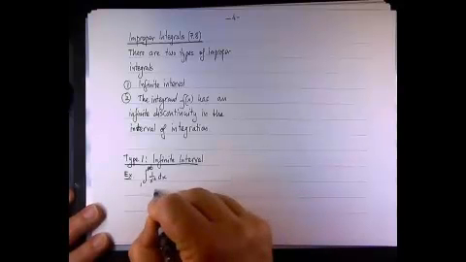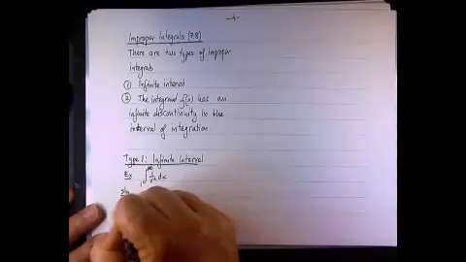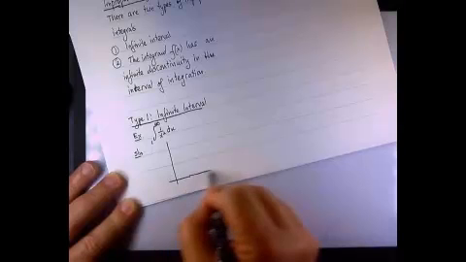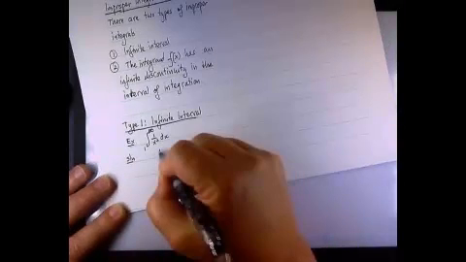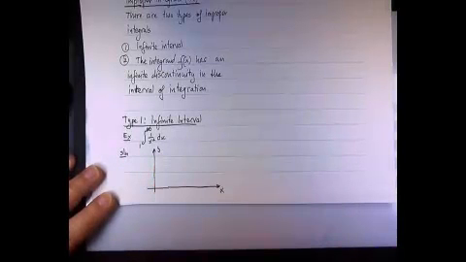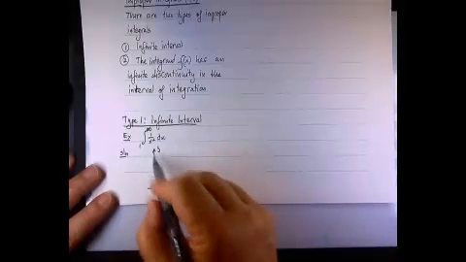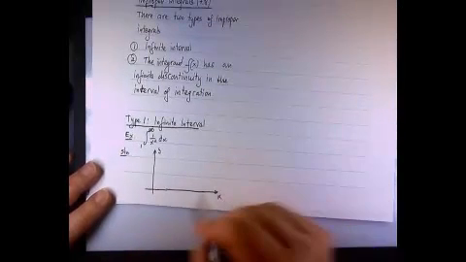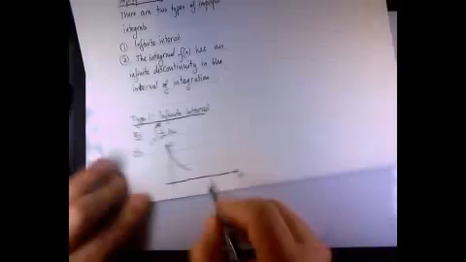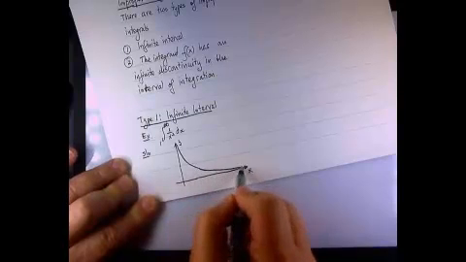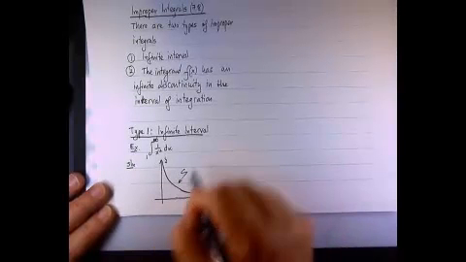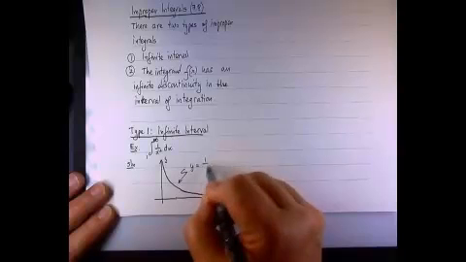Now, in order to look at it, let's sketch the graph. We already know that this function has a discontinuity at x equals 0 and goes to infinity, so a vertical asymptote over there. It comes down from positive infinity and curves like so. And when x goes to infinity, 1 over infinity squared goes to 0.